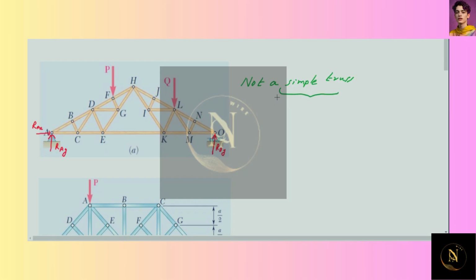The reason is, if we add two members and go further to any triangle, we should be able to construct the truss, but here the truss cannot be constructed.